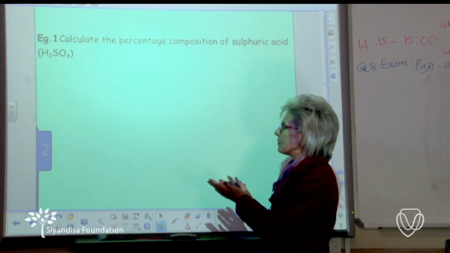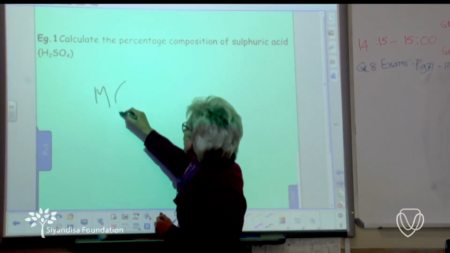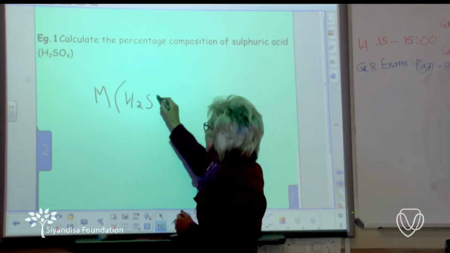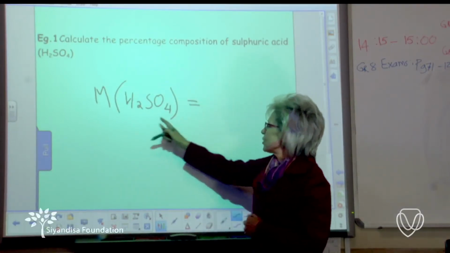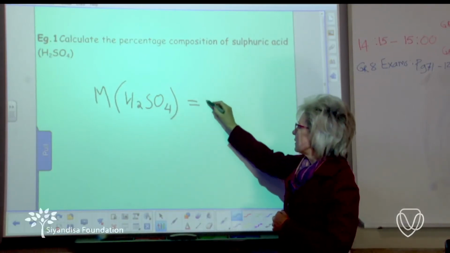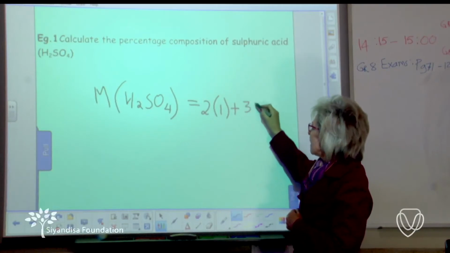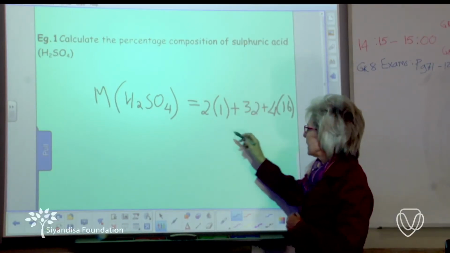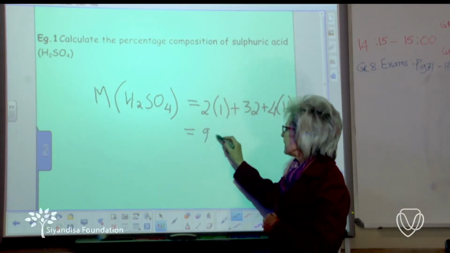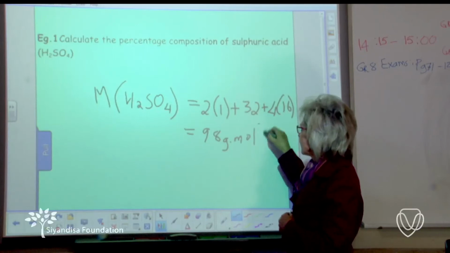So we assume the full formula has a percentage of 100. Start off by calculating the molar mass. In this case, 2 of hydrogen, not because it's diatomic, but because that is the mole ratio, 1 of sulfur and 4 of oxygen. And when we add all of this, we get 98 gram in a mole.